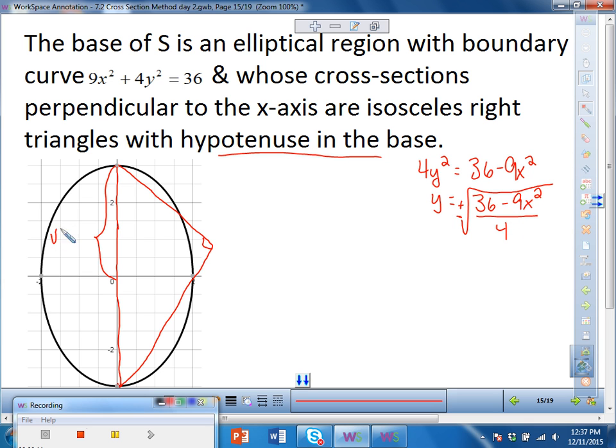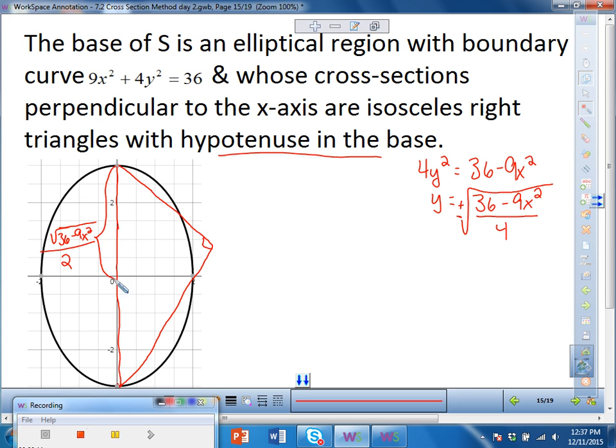So the square root of 36 minus 9x squared, I'm going to do something, don't freak out, over 2. All of this is in the radical, so I can take the square root of 4, which is just 2. Okay, I told you not to freak out.